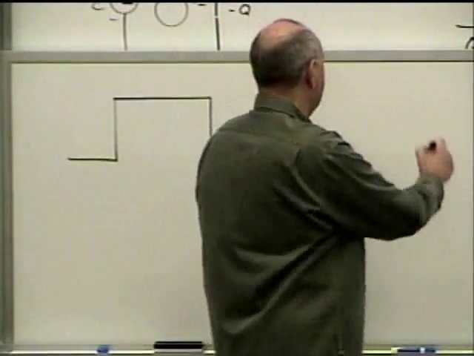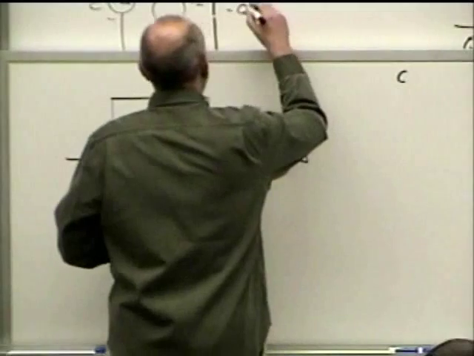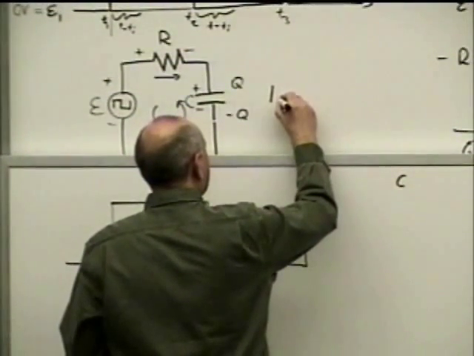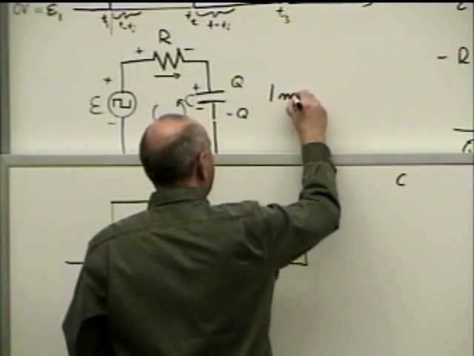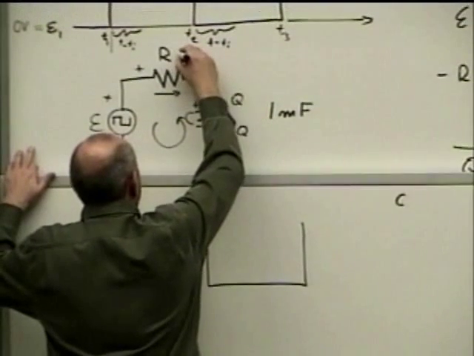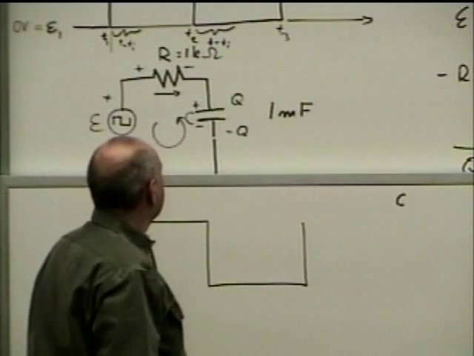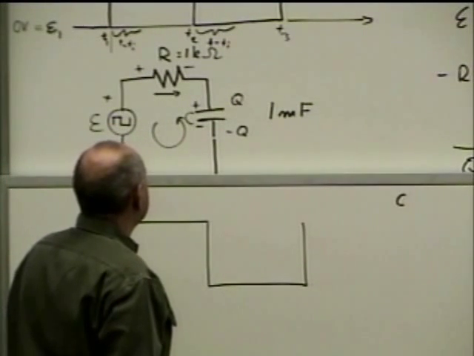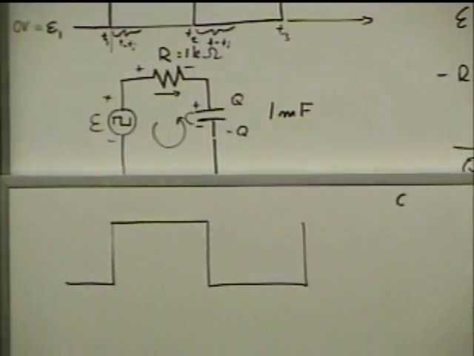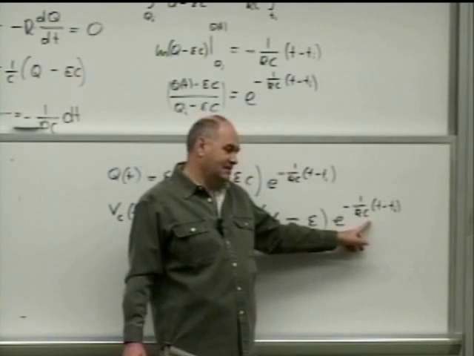So let's think that capacitance of the capacitor, let's say, is 1 millifarad, and resistance of the resistor is 1 kilo ohm. Yes, so this product over here, RC, is going to be 1.